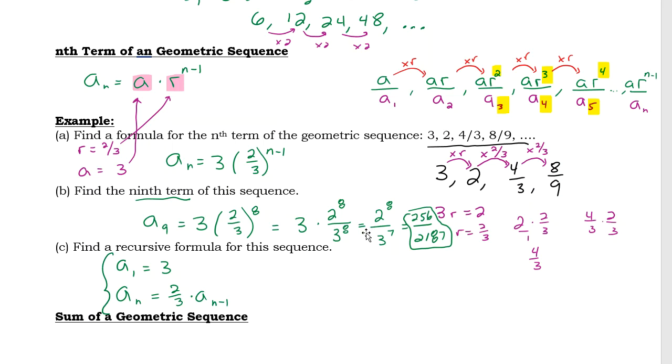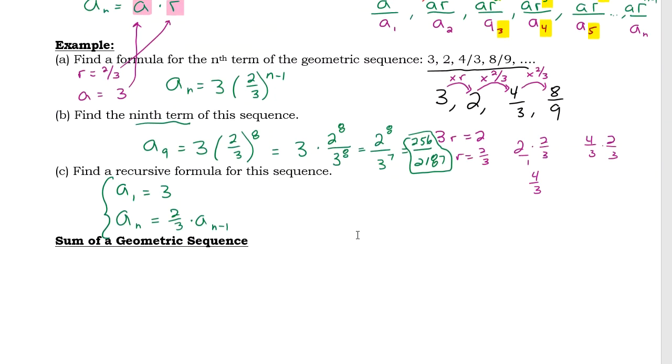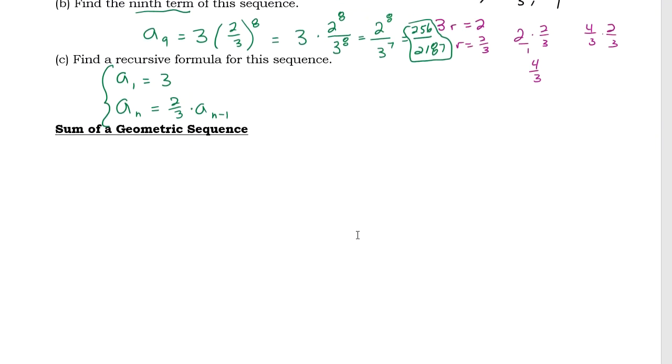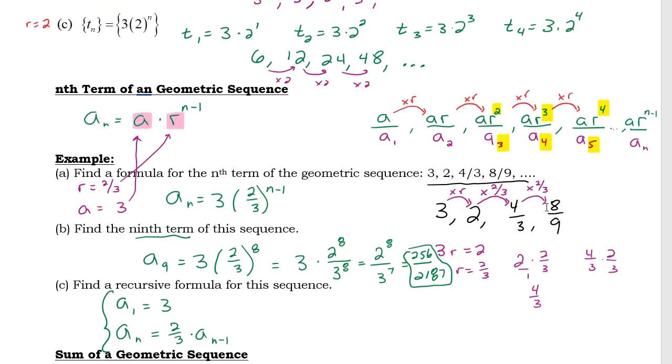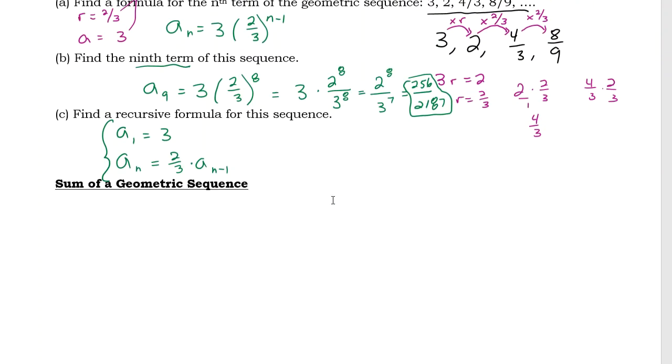All right, well, we can do the same thing we did with other sequences. We can find the sum of a geometric sequence. We could add up all the terms of this sequence up to a certain point, and that's called a series. Remember, that's called a series.